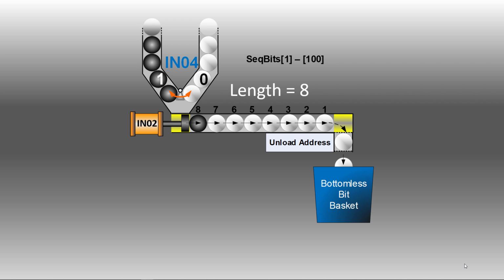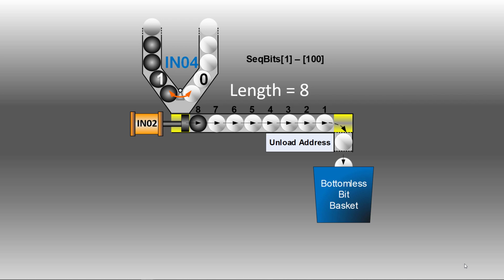Then it pushes in that black ping pong ball. Now, because we're using ping pong balls, you could just say it all happens at once. But literally, in the firmware or in the executable, it is going to copy 8 through 2 to 7 through 1, and then replace 8 with whatever the state is of input 04.